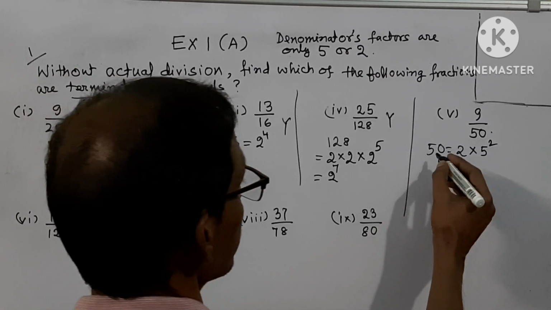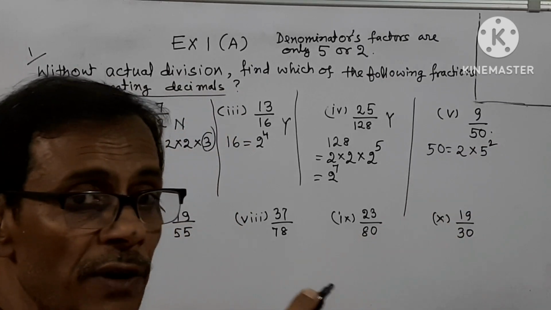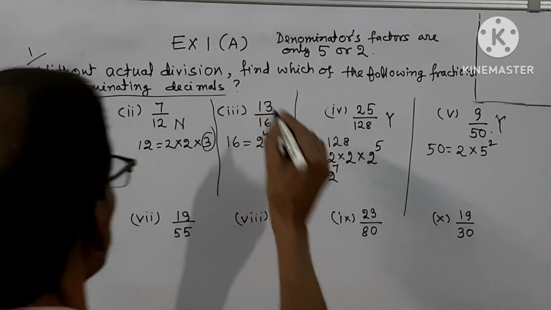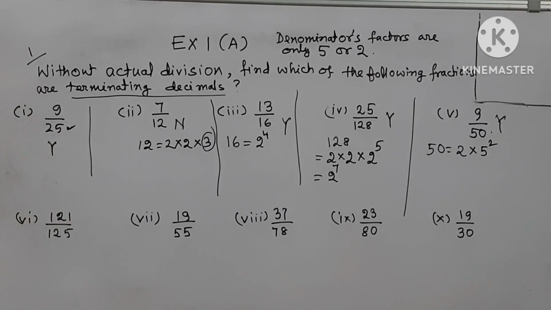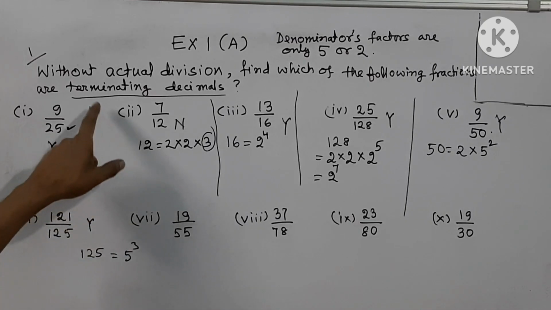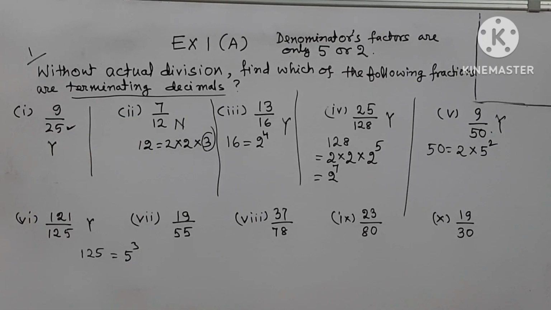So here we can see the denominator has only factors of 2 and 5, so this is also a terminating decimal. Here also you can see 125, 5 25s are 125. So 5 to the power 3 is 125. So yes, this is also a terminating decimal number.